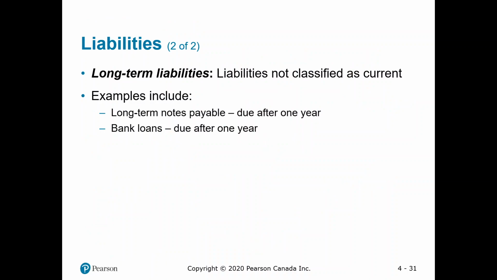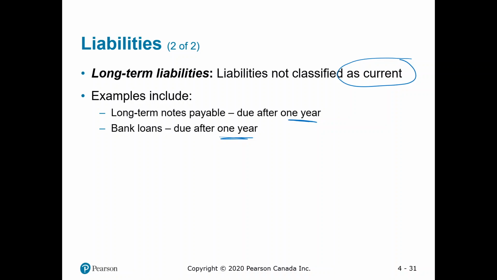Long-term liabilities are liabilities that aren't current, so not current. So they will be paid or settled beyond 1 year or beyond 12 months. Examples of these are long-term notes payable. So these are amounts due after 1 year, and a bank loan that is due after 1 year.